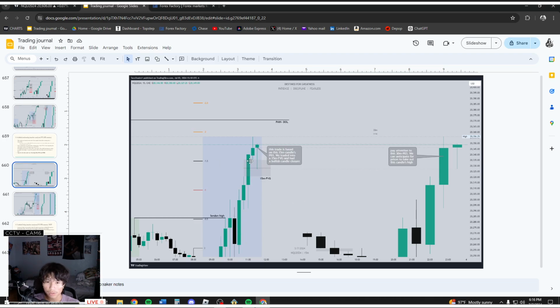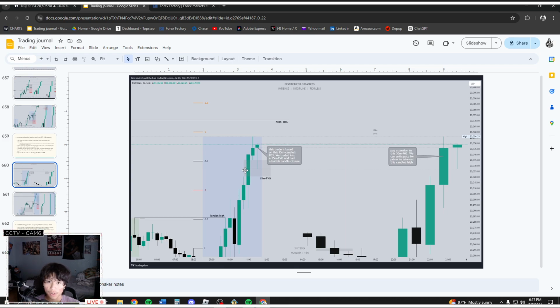I don't like trading that first initial retrace into the 15-minute fair value gap because sometimes 15-minute fair value gaps can be large range. So whenever I enter at the 15-minute fair value gap, my stop loss, my risk, is pretty large.